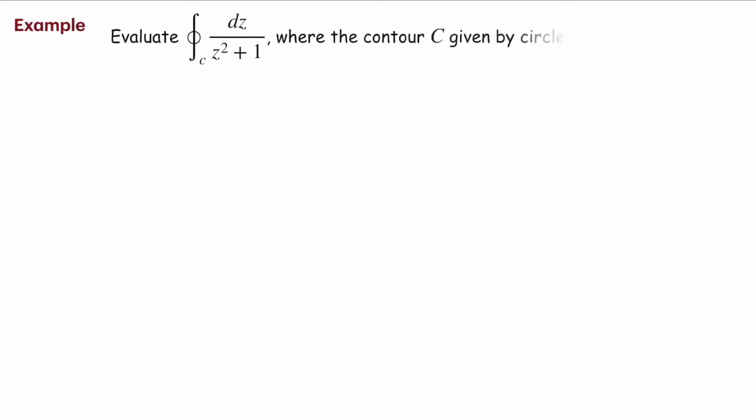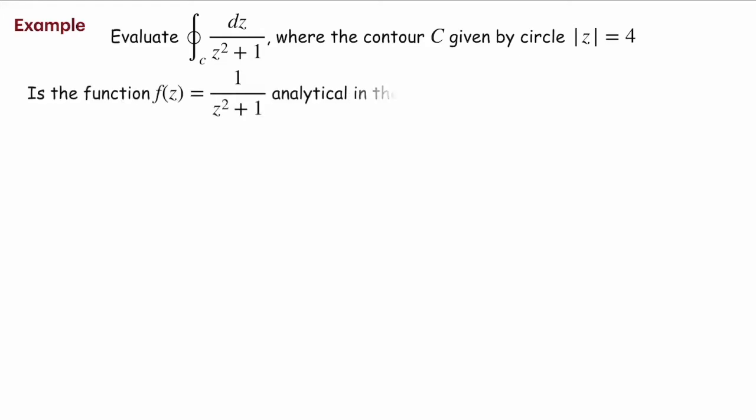So the example is to evaluate the integral of dz by z square plus 1 over a contour C which is given by the circle mod z equal to 4. Our contour C is a circle centered around 0 and the radius 4 units. Now let's look at the function f of z which is 1 by z square plus 1. Is it analytic in our domain? That is the first question to be asked.